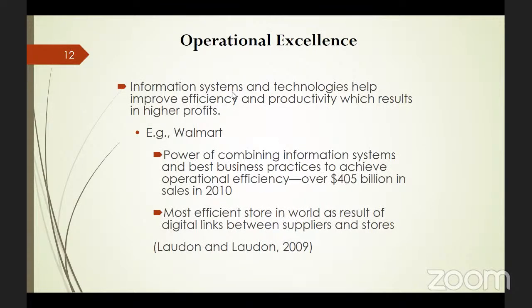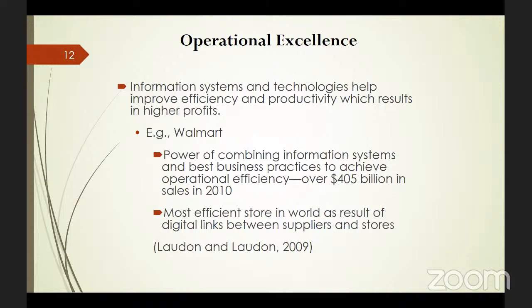So for operational excellence, this is back to why a lot of you, with good reason, want to say, yes ma'am, we want information systems in most businesses. If we think about Walmart and Amazon, Amazon being the largest retail store online and Walmart still being the largest retailer in the US right now, basically it's their information systems that made those companies make the profits that they're making.